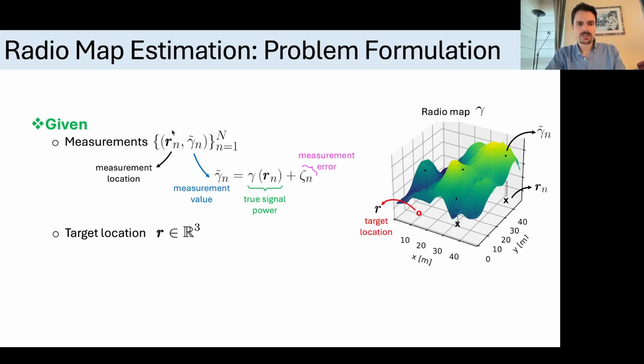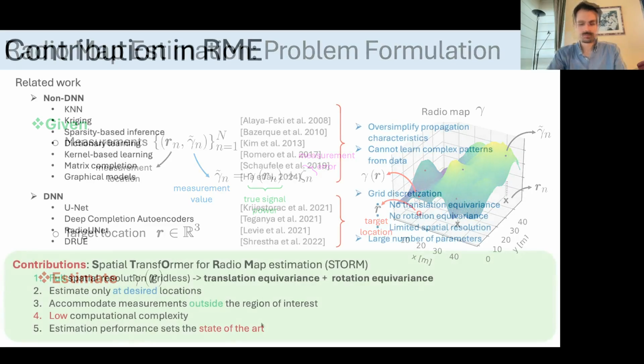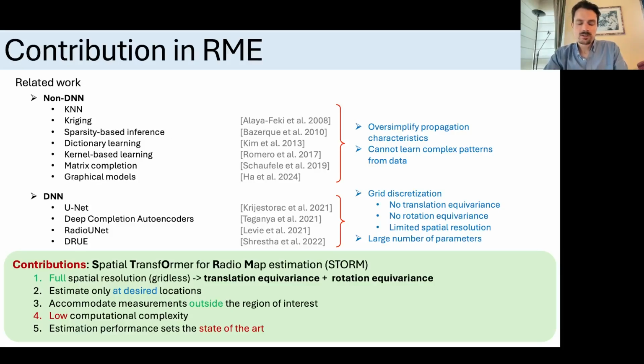So given these measurements and target location, the problem is to estimate the value of this function at this target location.